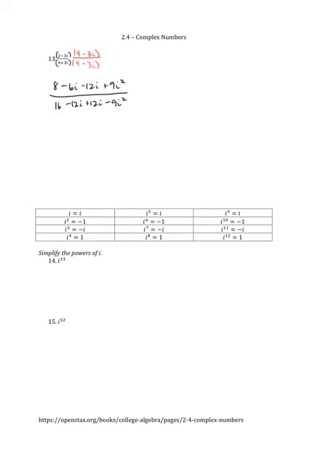All right, so let's look. I squares, those have to change into negative ones. Okay. We're also looking for like terms. So on the top we have negative 6i and negative 12i. On the bottom we have negative 12i and positive 12i.